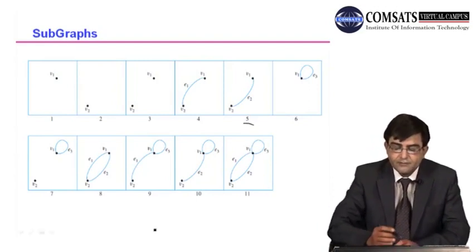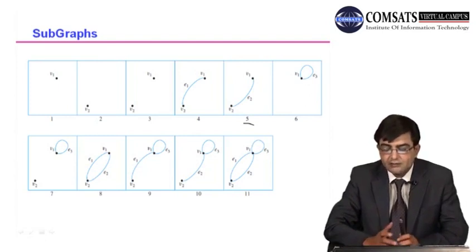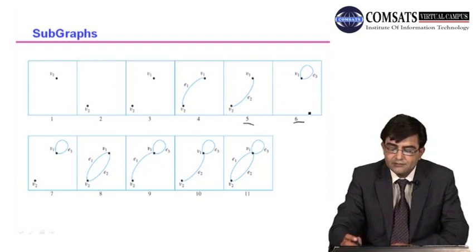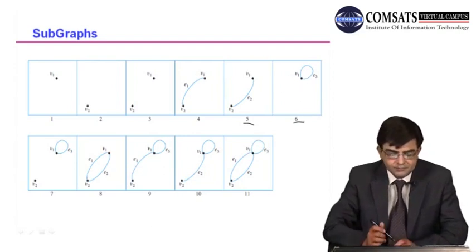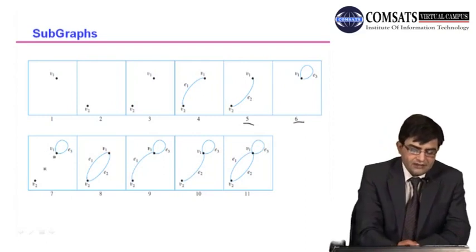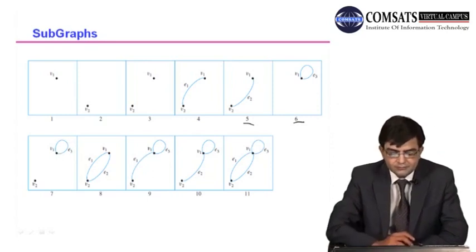At fifth number, we can write another subgraph, V1, V2 and edge E2. It satisfies all the conditions, therefore it is a subgraph. Another, the sixth subgraph, is V1 and the loop, and the seventh one is V1 and V2, and we draw a loop on V1.